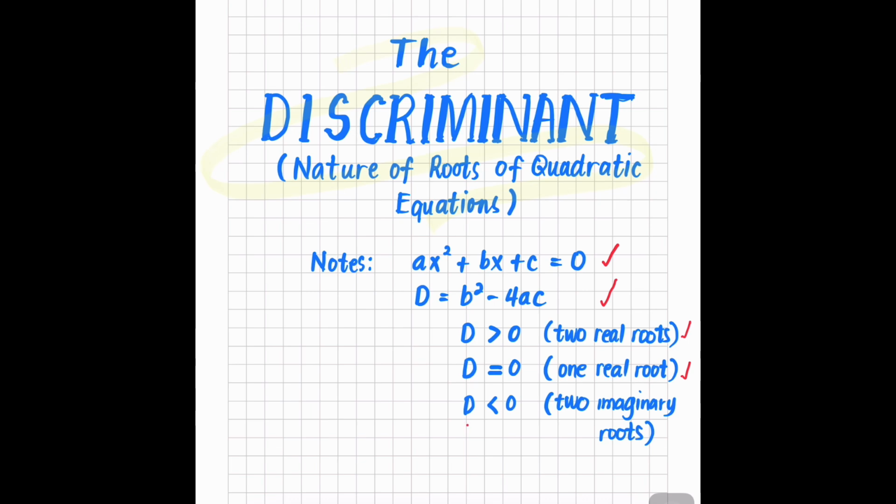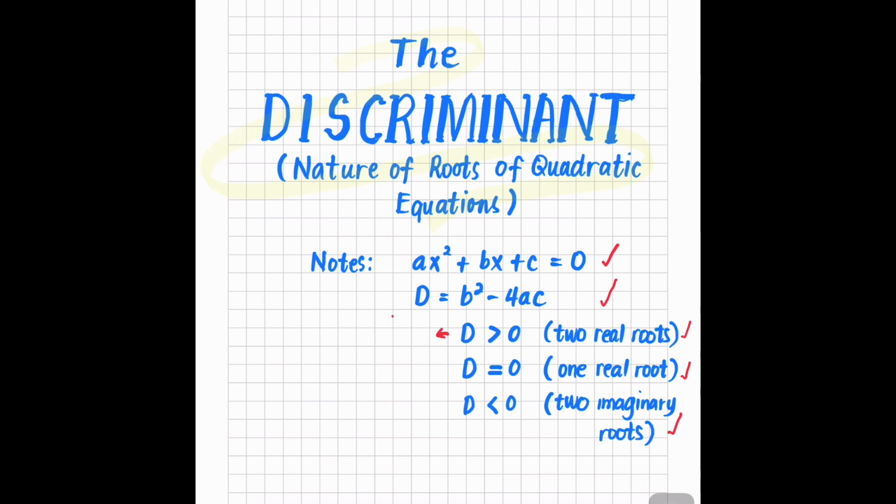However, if the discriminant is less than 0, we will have two imaginary roots or solutions. And these roots will actually give us a view on how the graph of a quadratic equation will look like.